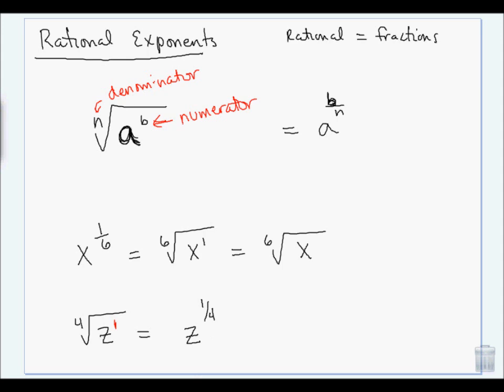To evaluate these. All right, if I have 81 to the negative 3/4, first of all, I can't have negative exponents, right? So whenever I have a negative exponent, I have to turn it into a denominator.